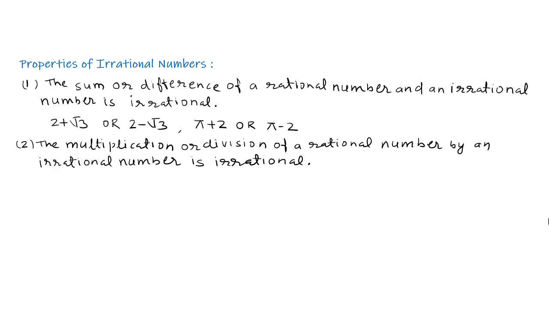Property 2. The multiplication or division of a rational number by an irrational number is irrational.